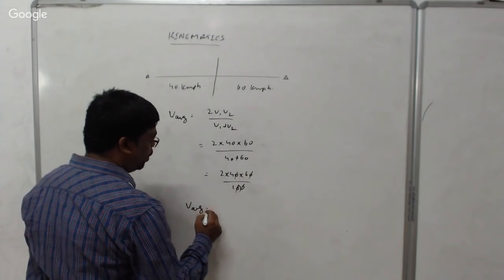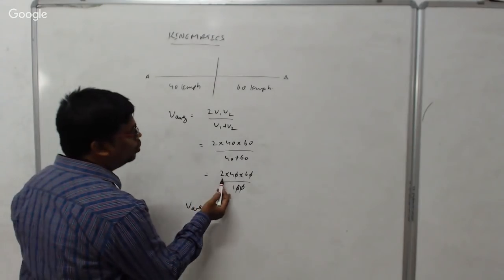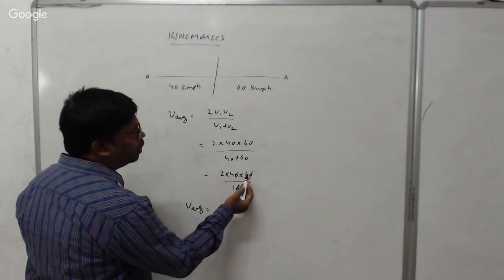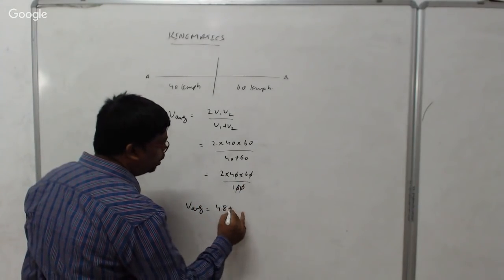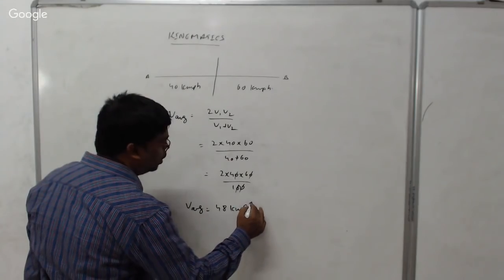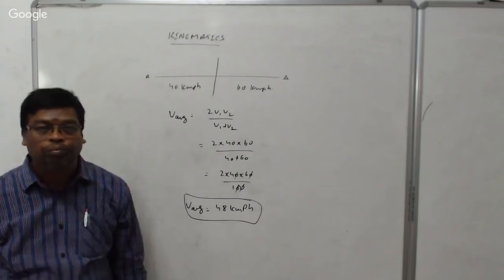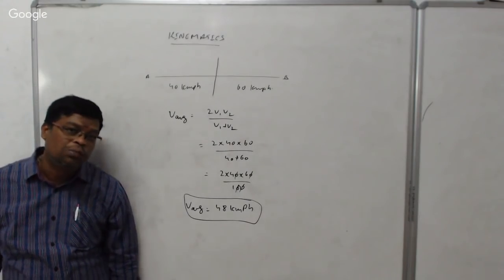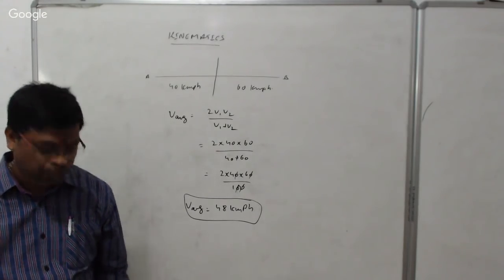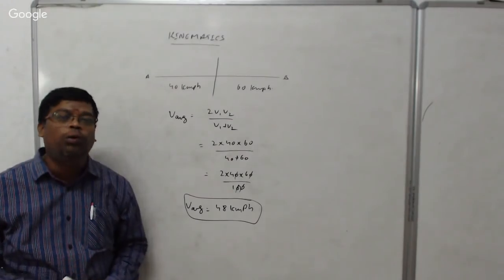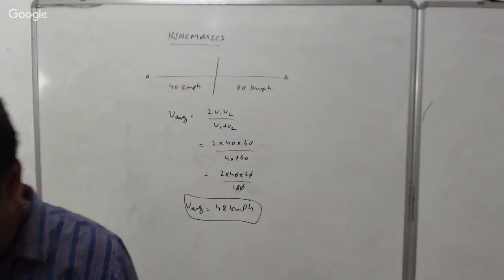So average speed is equal to 2 into 4, 8, 8 6s are 48 kilometer per hour. This is average speed. Understood how simple it is, right? So shall I give one more problem? Right, take it down.